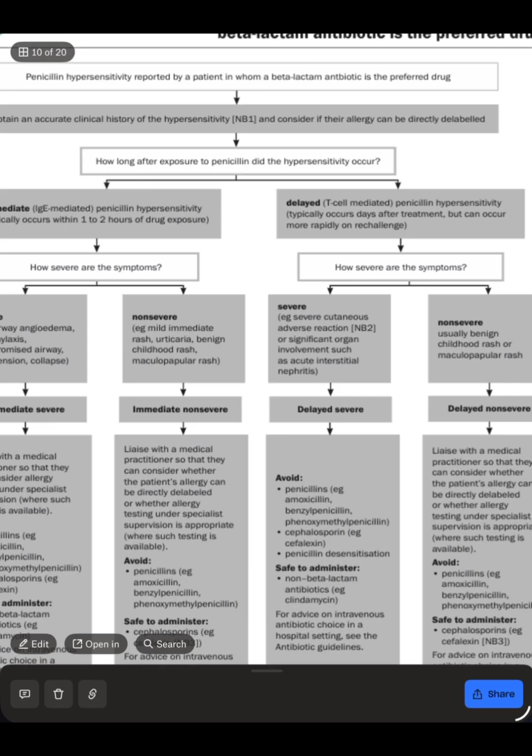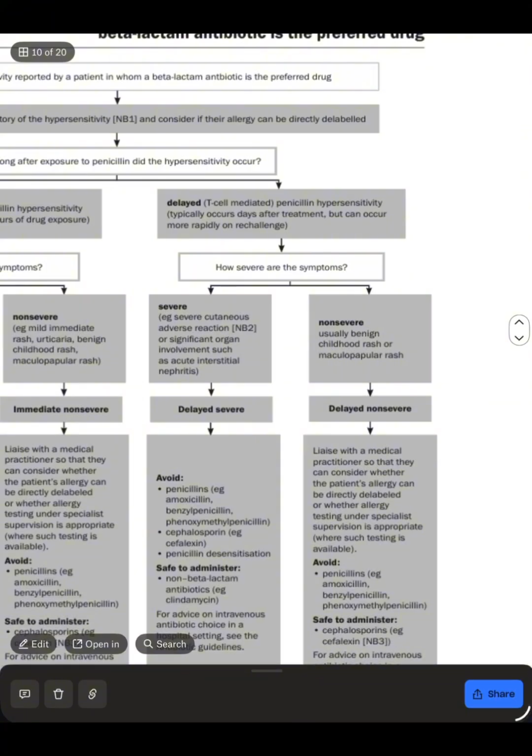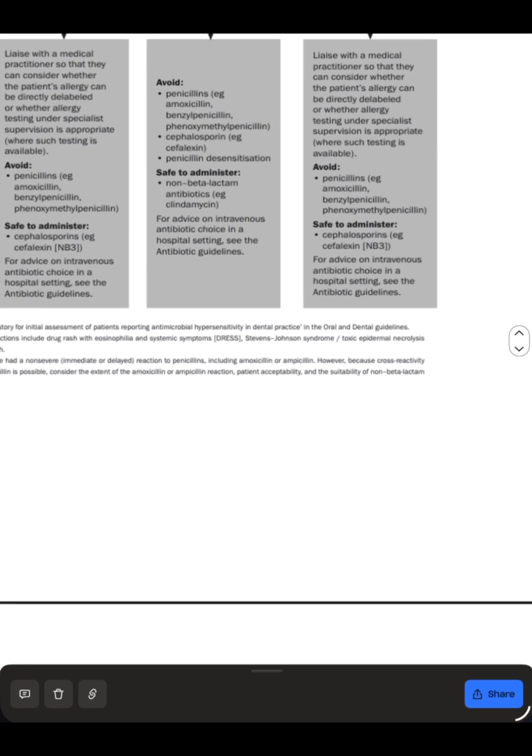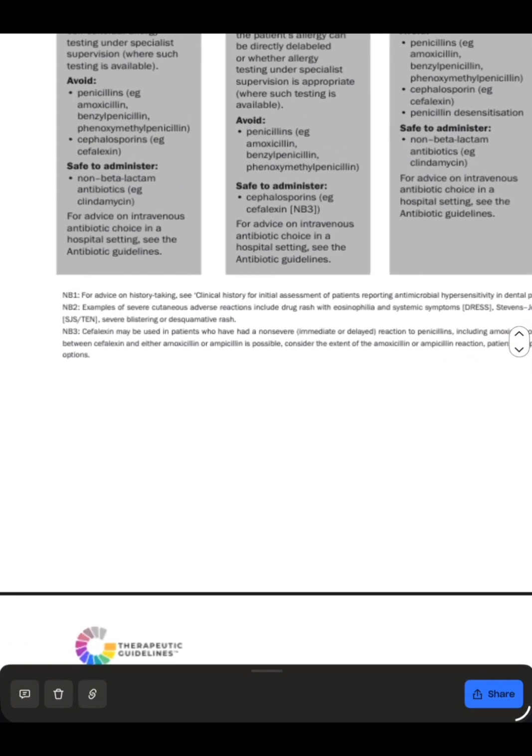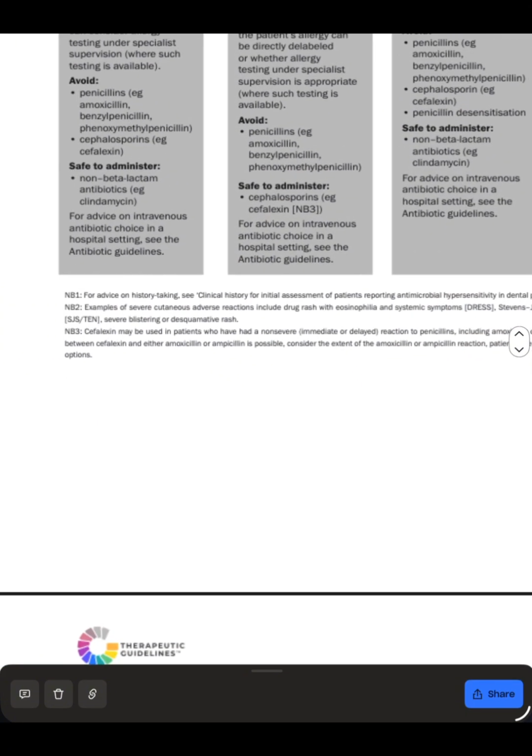Now let's read about delayed T-cell mediated penicillin hypersensitivity. So again, we need to ask how severe are the symptoms? Is it severe or non-severe? So severe includes severe cutaneous adverse reactions. For example, what are the severe cutaneous adverse reactions?